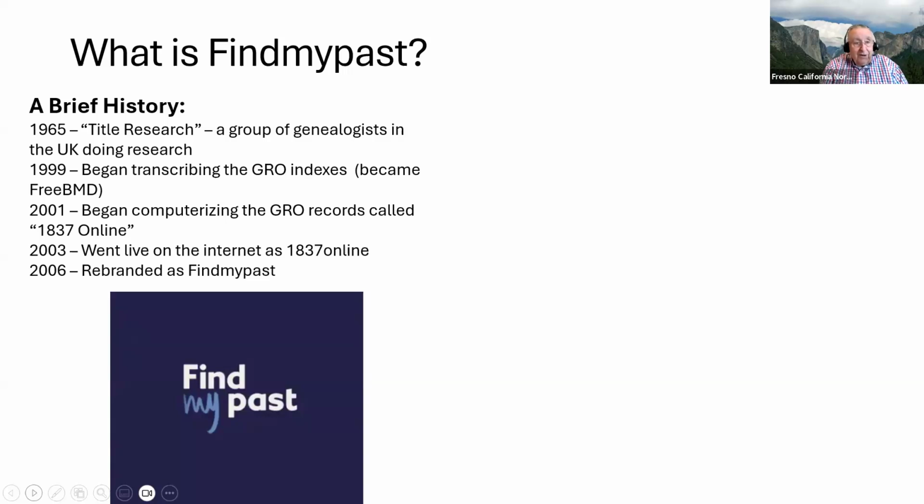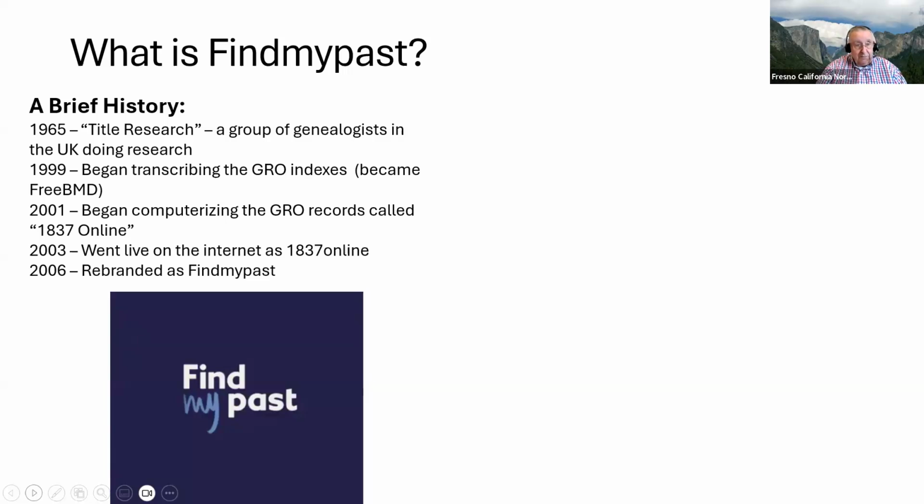In 1999, they started a project transcribing what's called the GRO indexes, General Record Office indexes of birth, marriage, and death records. These are the national records, not the church records, but the governmental records of birth, marriage, and deaths.